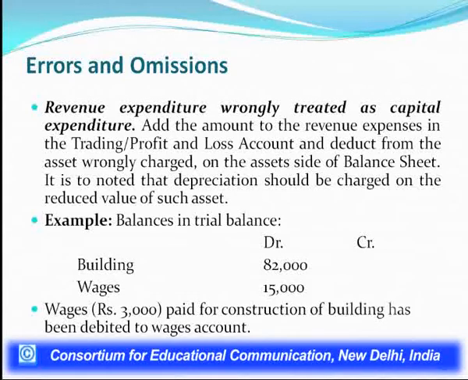So if any depreciation is to be charged on the building, it will be charged on 85,000 and not on 82,000. So that is the errors and omissions.